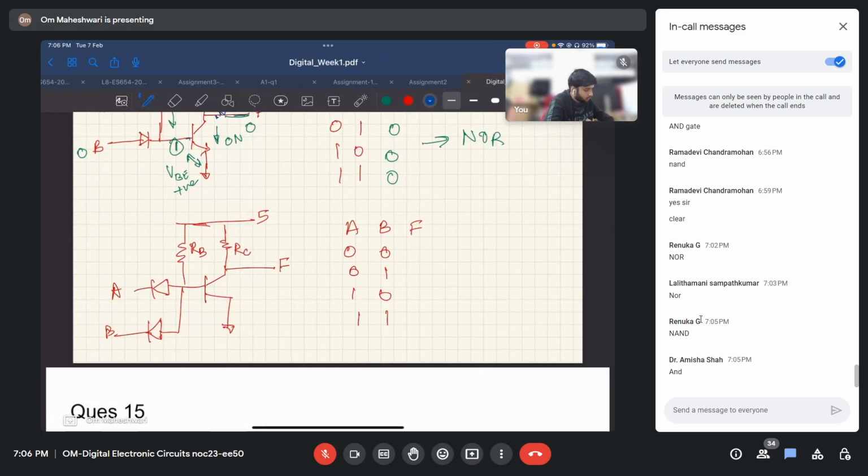Again, let us see. When this is 0 and 0, both of these are on. Or let's say when any of these is 0.